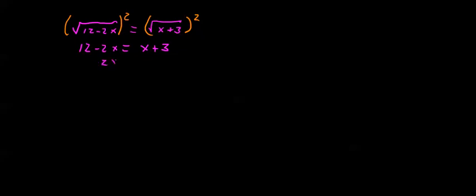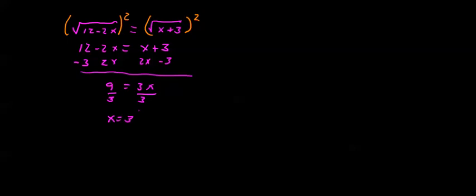I'm going to add 2x to both sides. I'm going to subtract 3. And I end up with 3x equals 9. Divide by 3. X is equal to 3.